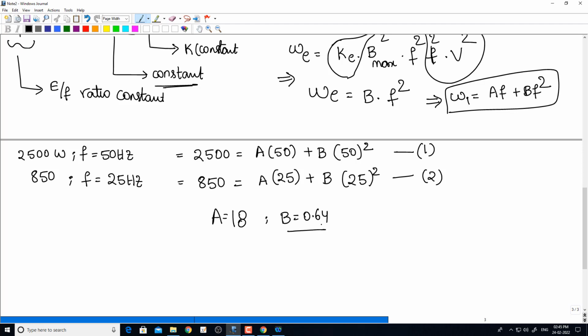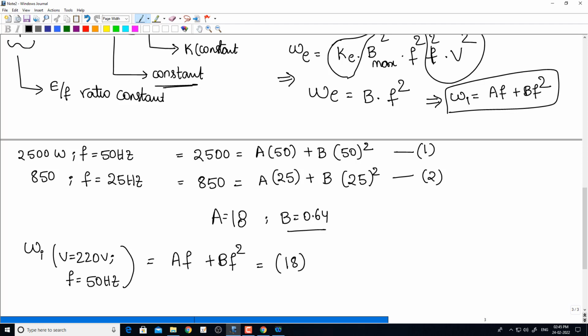So in the question, it is asked to find out the iron loss at nominal voltage, that is 220 volts, and the frequency is 50. Nominal frequency is 50 Hz. So A into F plus B into F square. A is how much? 18. Just now we found out.